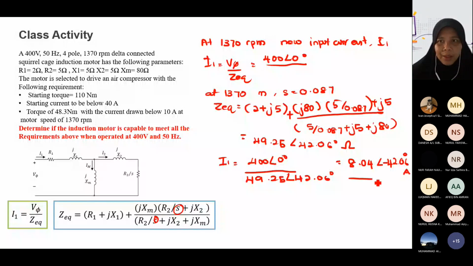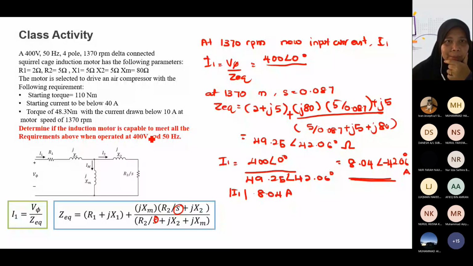Macam ni ke dapat? Betul. Sama? Betul sama ke? Sama. Okay, so now the magnitude of I1 kita dapat dalam 8.04 ampere kan?